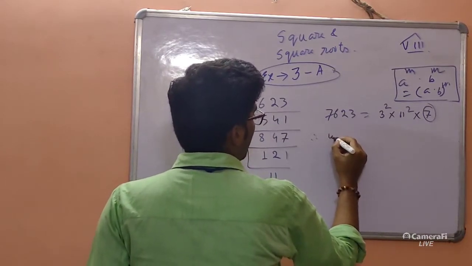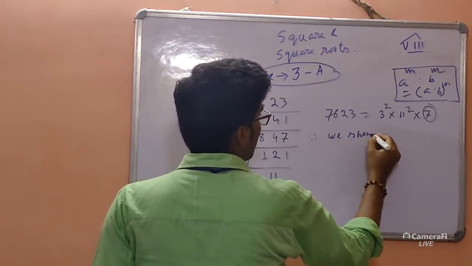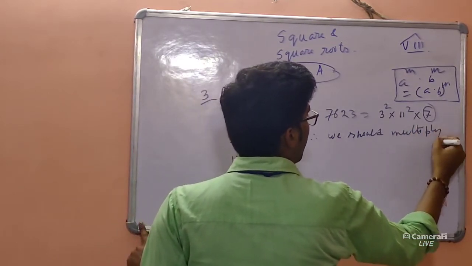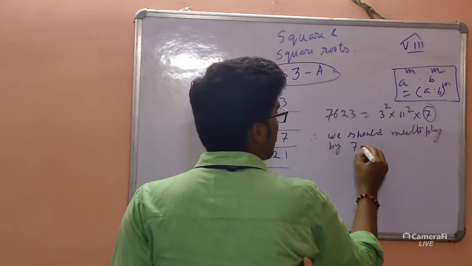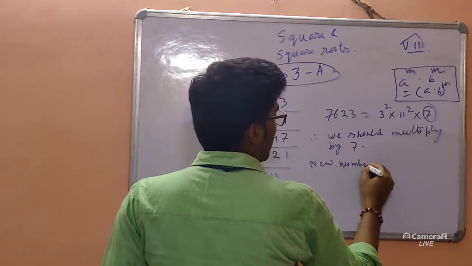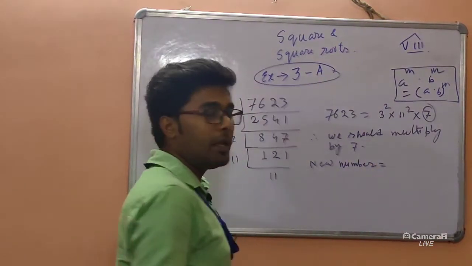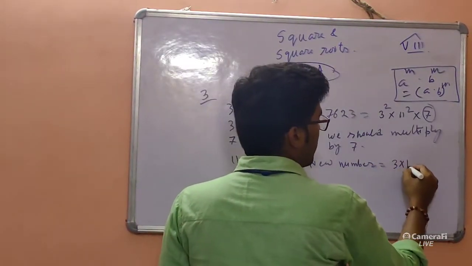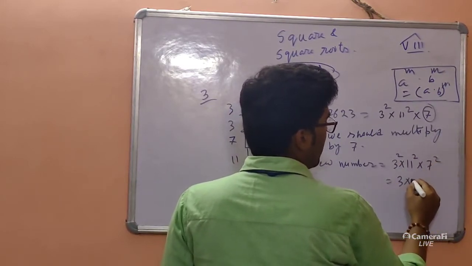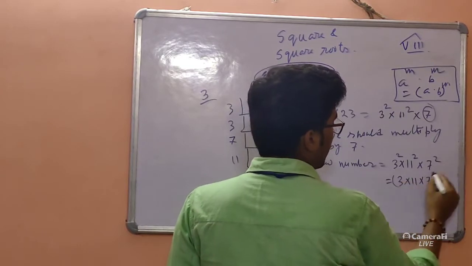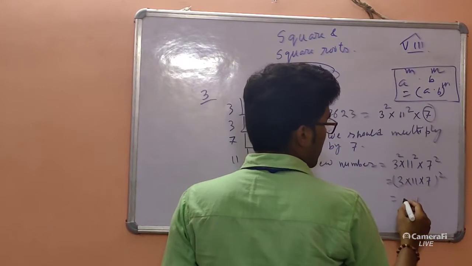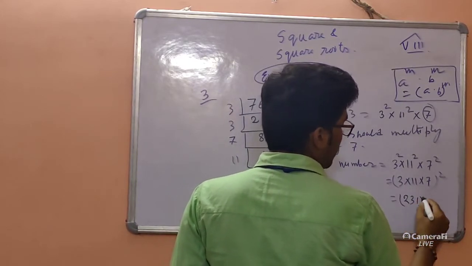Therefore we should multiply by 7. So the new number will be what? The new number will be 3 into 11 square into 7 square, that means 3 into 11 into 7 whole square, that means 231 whole square.